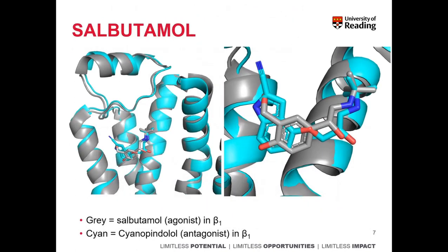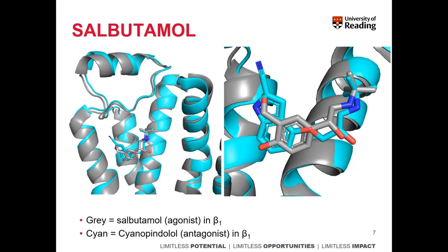Now this is actually an example from a lecture that you'll see in part 2, where we're looking at the mechanism of action of medicines used to treat cardiovascular disease. Now in grey we have salbutamol, which is an agonist for the beta-1 receptor, and in cyan, cyanopindolol, and this is the antagonist in the beta-1 receptor.